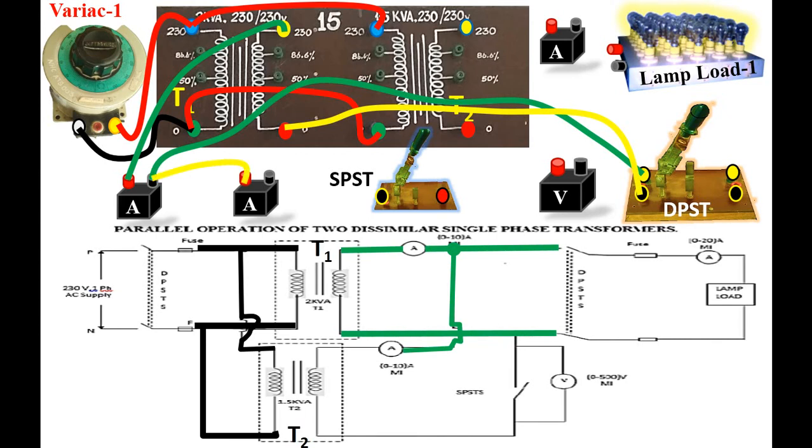The other end of that ammeter is connected to T2 secondary 230. Then T2 secondary 0 is connected to SPST switch. Then the other end of SPST switch is connected to the junction of DPST and 0 of secondary T1.